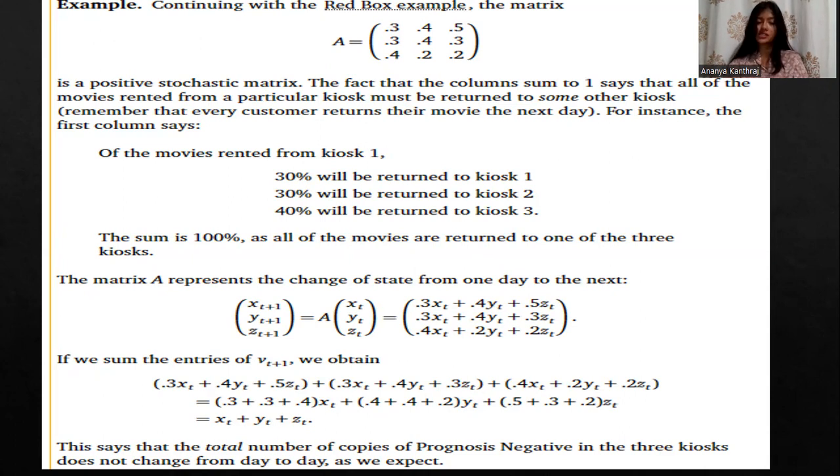Now, if we sum the entries of v_{t+1}, we obtain (0.3 + 0.3 + 0.4)xt + (0.4 + 0.4 + 0.2)yt + (0.5 + 0.3 + 0.2)zt, which is equal to xt + yt + zt, which is the value we required.